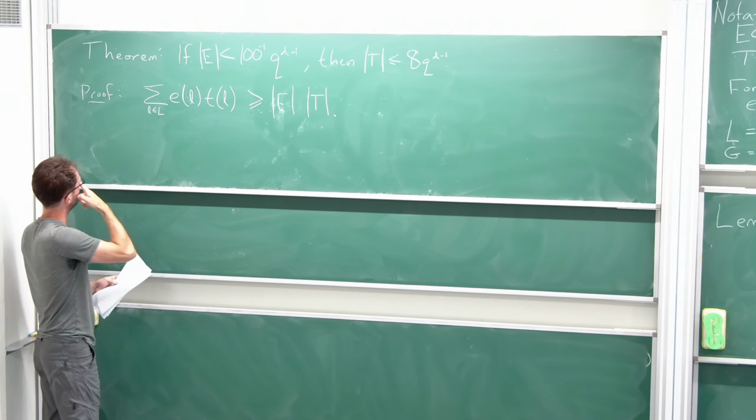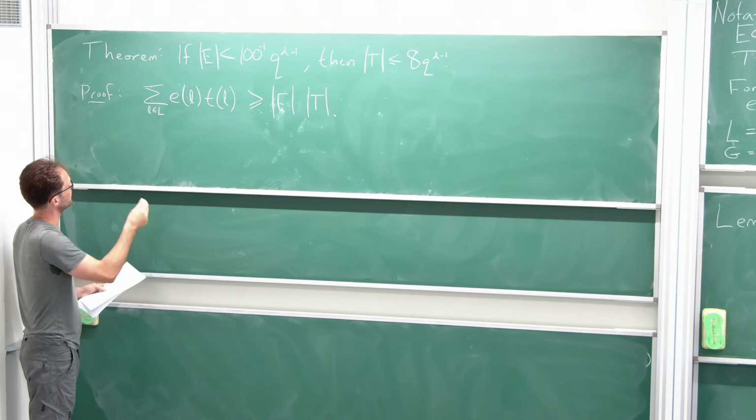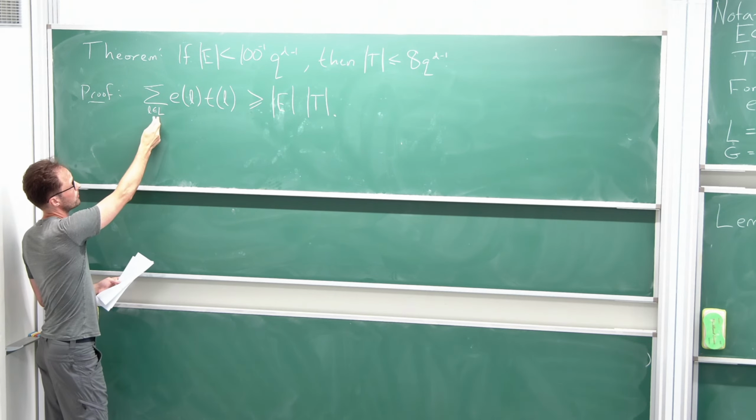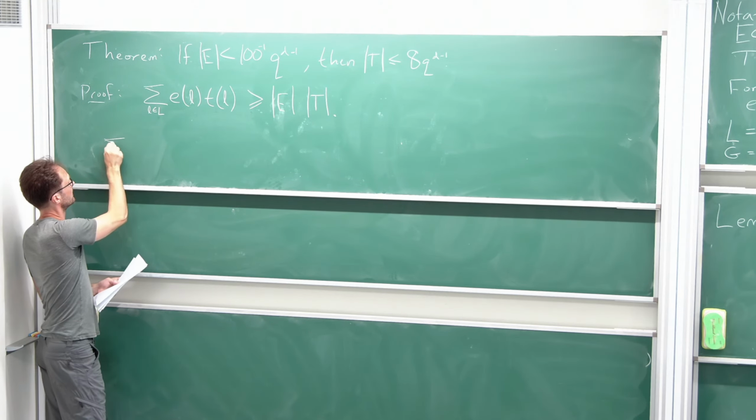For the upper bound, we'll break this sum up into 3 different parts.